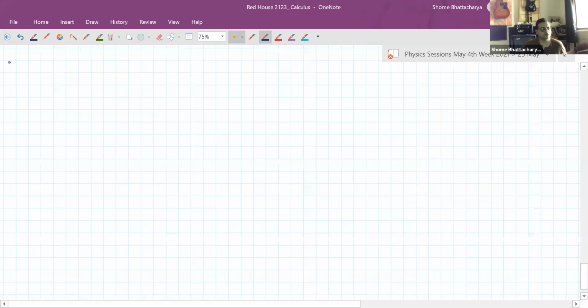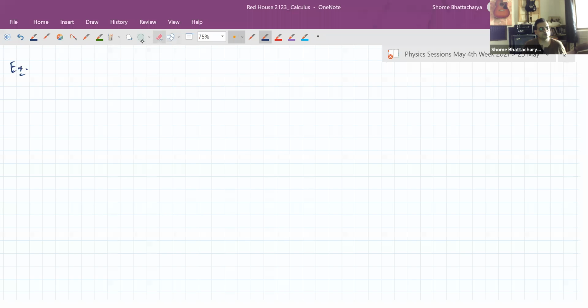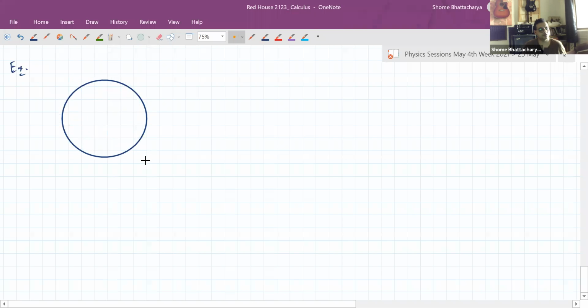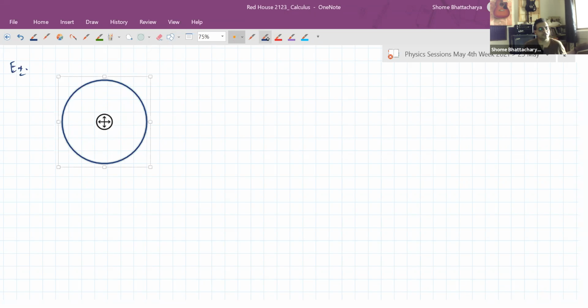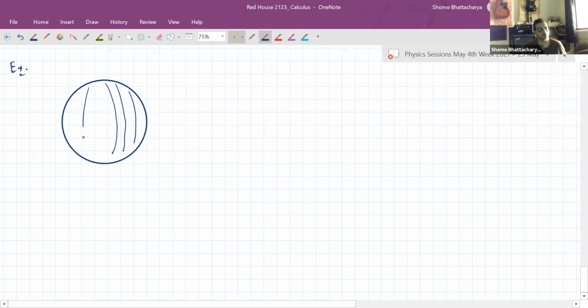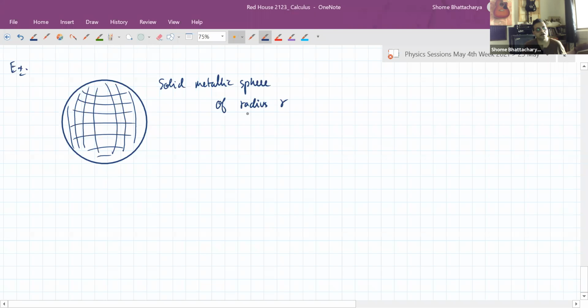Okay, so let's see a more complex problem based on this compared to the square based problem. We now have a spherical body. Imagine this is a solid metallic sphere, drawn to show its three-dimensional nature. So this is a solid metallic sphere of radius r and mass m.